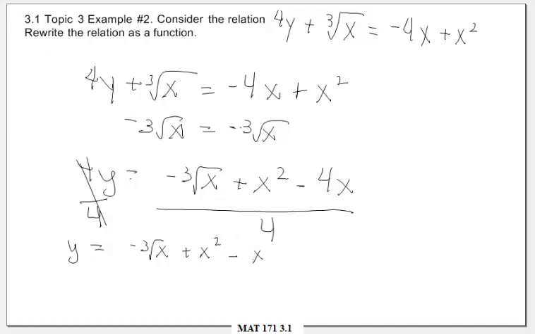But the negative cube root of x and the x squared are going to be all over 4. So we're going to put those each over 4. So in function notation, we have f of x is equal to negative cube root of x plus x squared over 4 minus x.